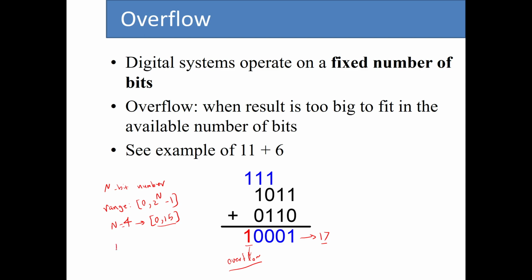However, if n was 5, in that case the range of the values that could be represented using 5 bits would be between 0 and 31. So if we were using 5 bits, then the result of this addition was completely fine, because 17 falls within the range between 0 and 31.